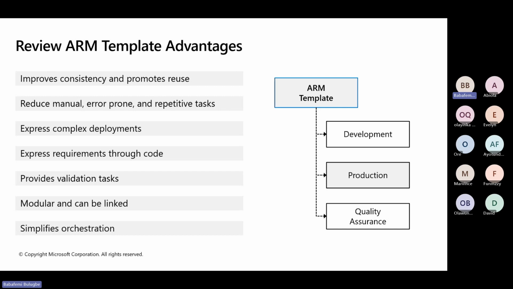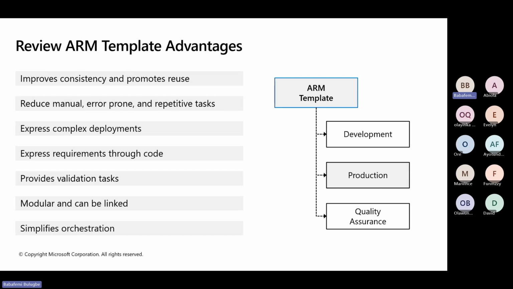So basically, I would say ARM template is a form of infrastructure as code where you define your infrastructure that needs to be deployed using what we call declarative syntax.